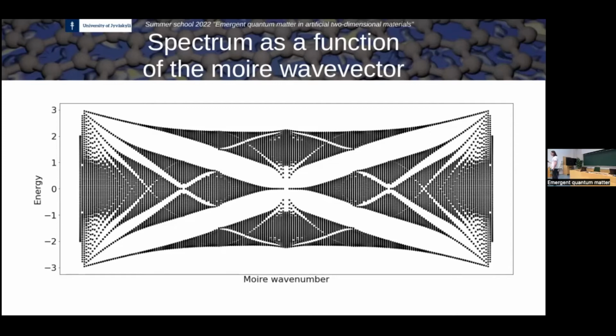So when you put electrons in a magnetic field, and you look at how the electronic states behave as you ramp up the magnetic field in 2 dimensions, you get exactly this very same spectrum. So in other words, you take a 1-dimensional electron gas and add a moiré potential, and you get the very same spectrum as in a 2-dimensional electron gas when you add a magnetic field.